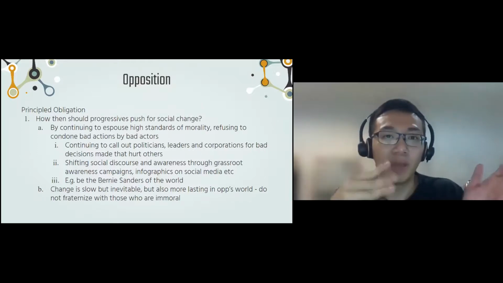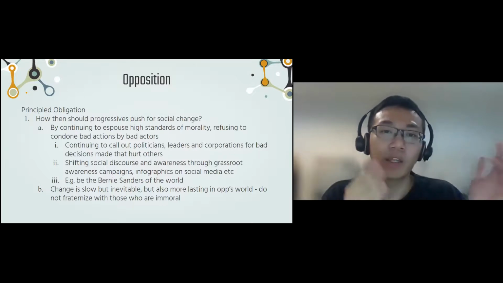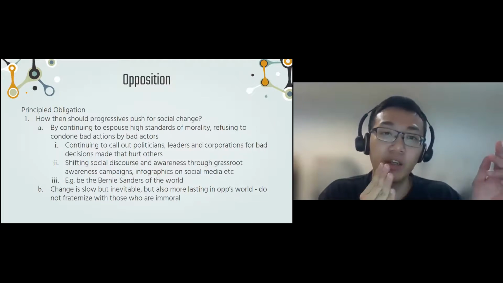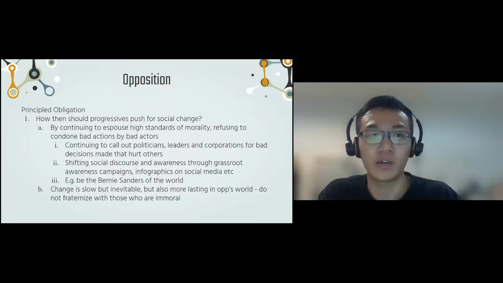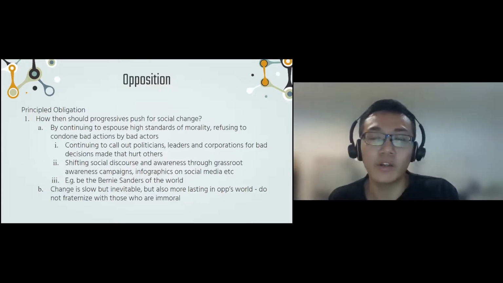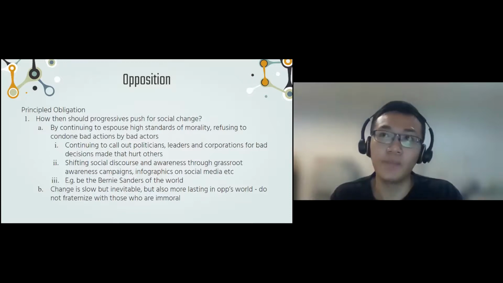So that's basically what the Overton window is: if you push and espouse a viewpoint that is considered extreme by society right now, like extreme left viewpoints, the center point of social discourse shifts to the left ever so slightly.